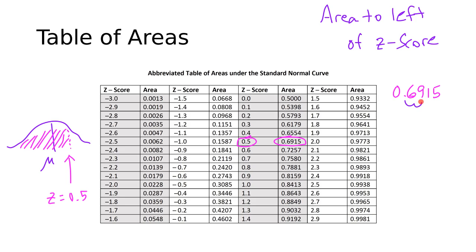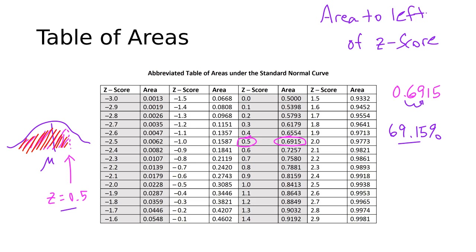So we're going to move the decimal over 2 places. And what this tells us is that 69.15% of the data would be to the left of a z-score of 0.5.